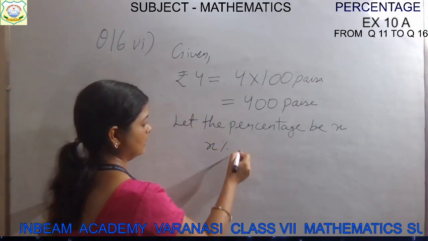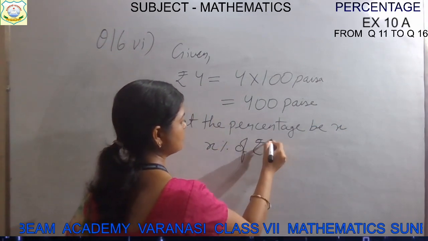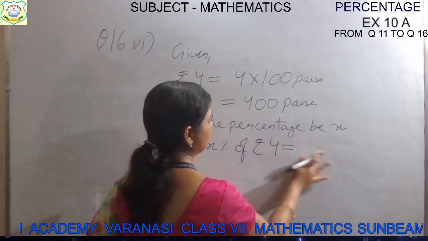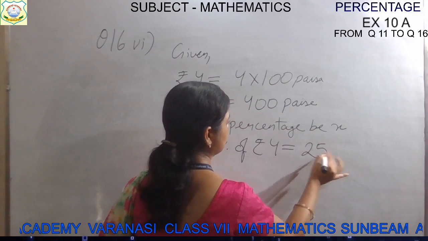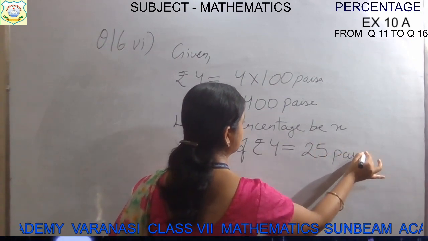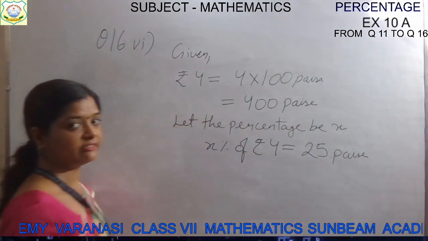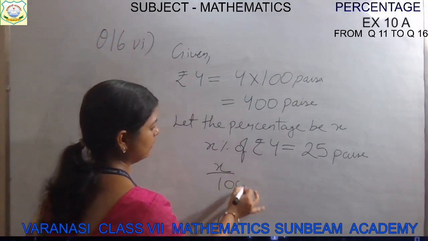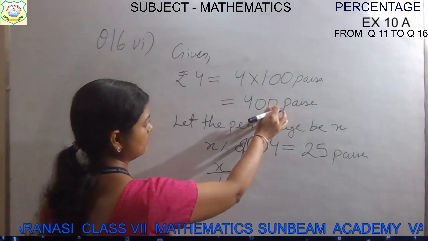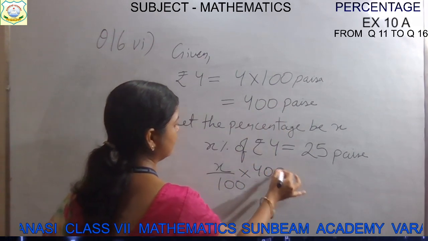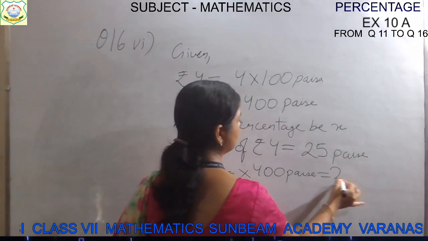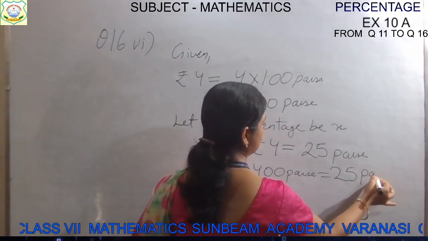X percentage of rupees 4 is 25 paise. X percent means x upon 100 into 4 rupees, which can be written as 400 paise, that is equal to 25 paise.